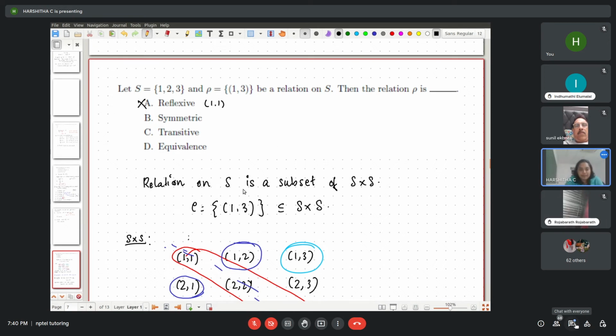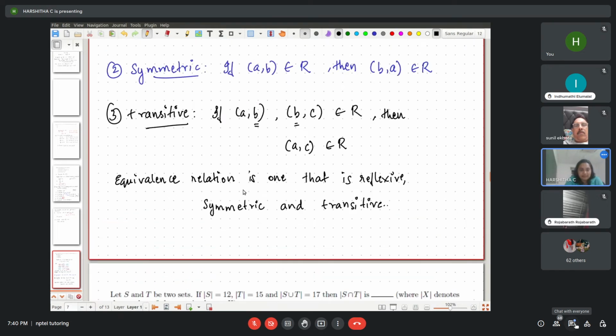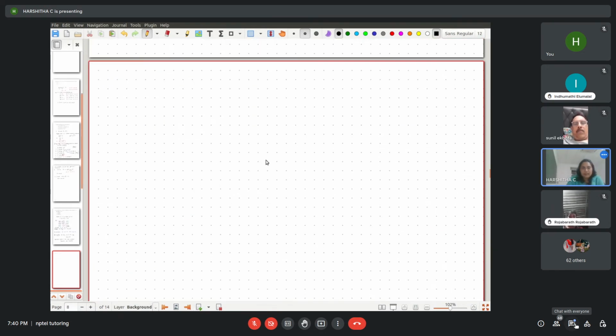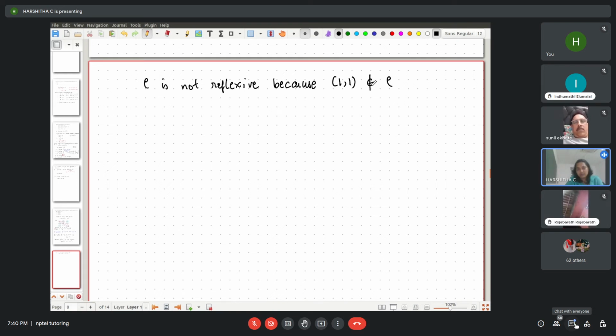And transitive, yeah, so let me write. So rho is not reflexive. So simple reason is 1 comma 1 does not belong to rho. So I hope this symbol is okay.